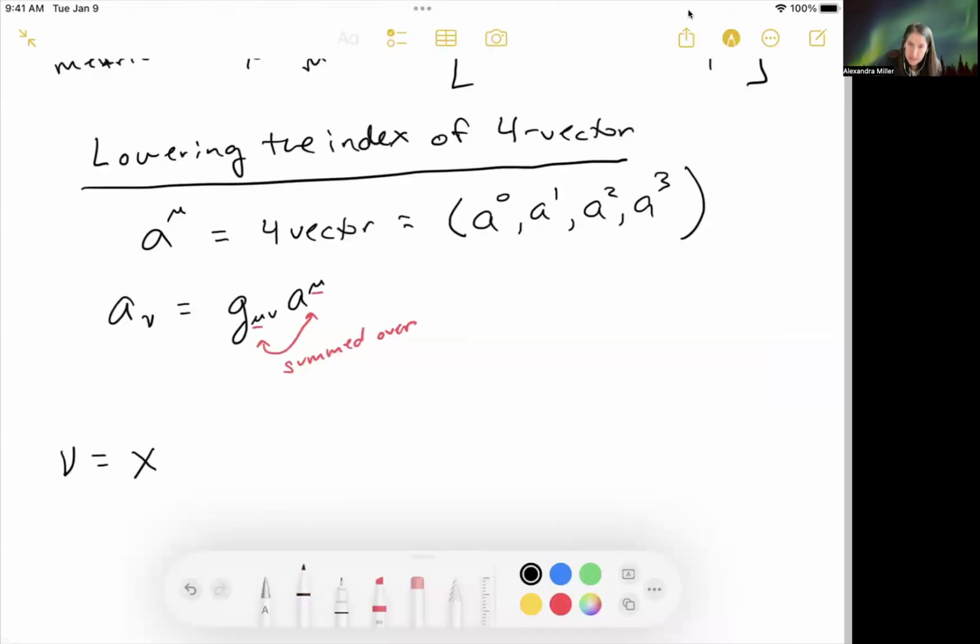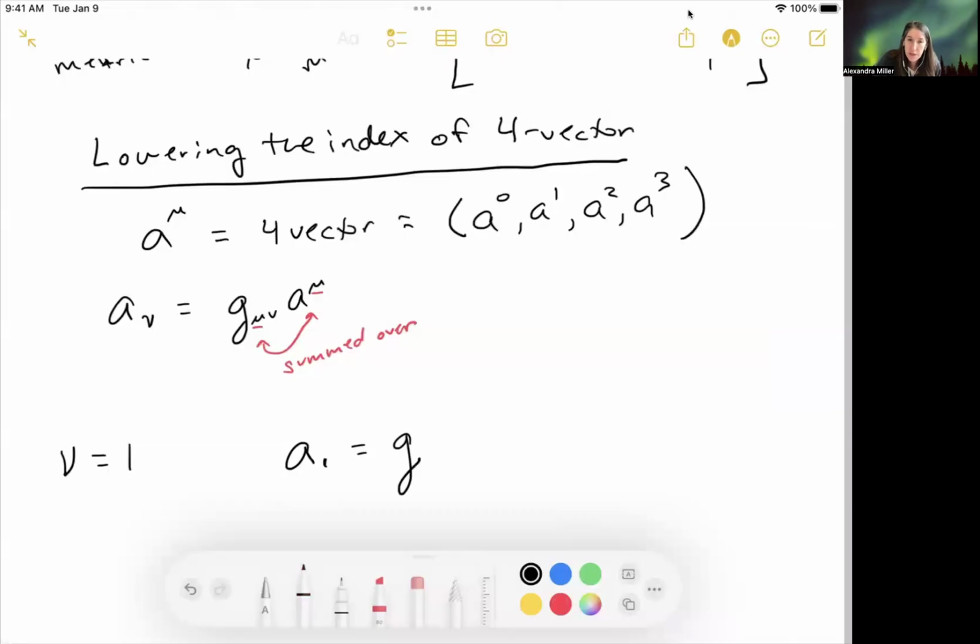So what does this equation say for that case? Here I'm looking at, or I guess I should call it 1 instead of x, again because maybe I'm not working in Cartesian coordinates. So what is A1, our first spatial component with the lowered index? Well, this is going to be equal to g, and nu is set equal to 1.